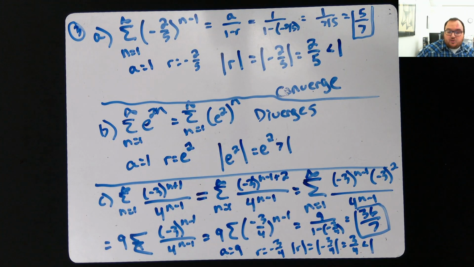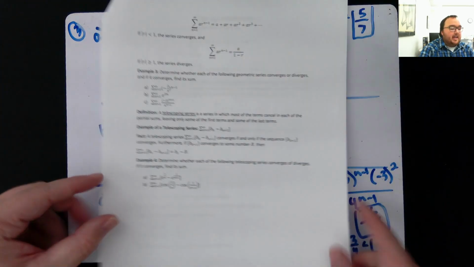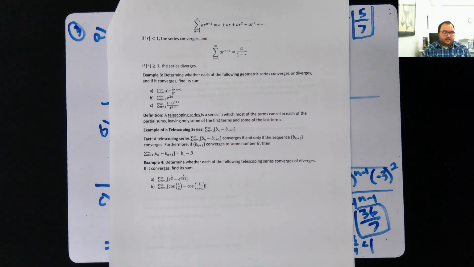The last special kind we are going to talk about in section 5.2 is the telescoping series. This is a series in which most of the terms cancel each other out whenever I do the partial sums, leaving only some of the first terms and some of the last terms.